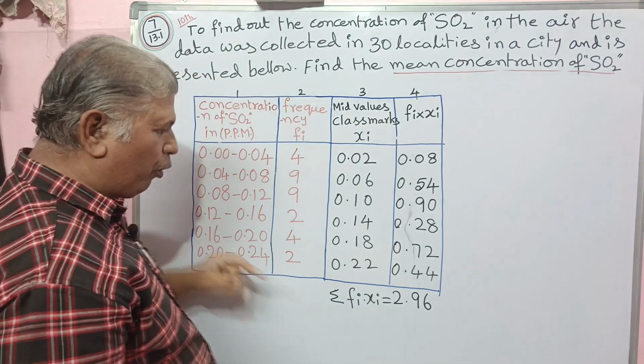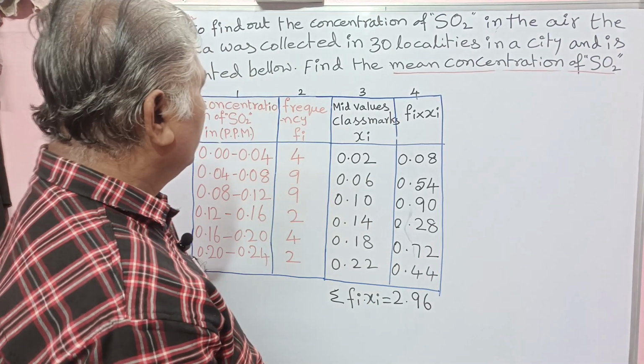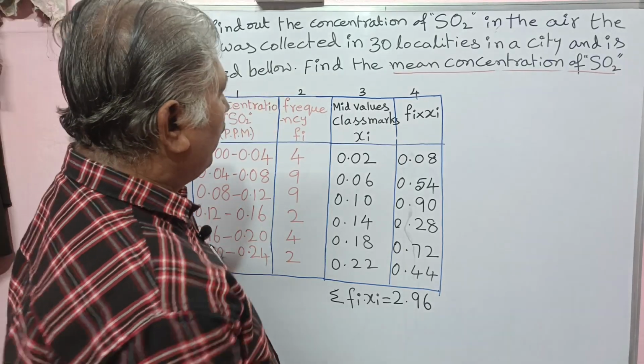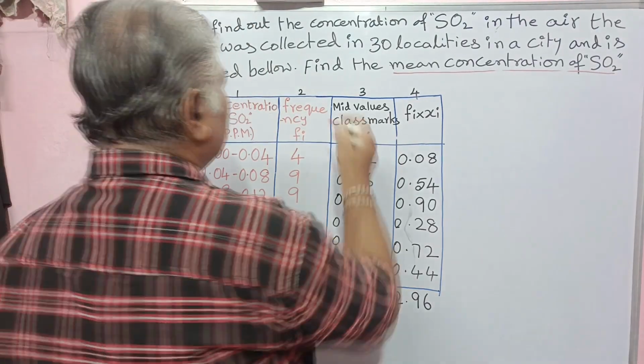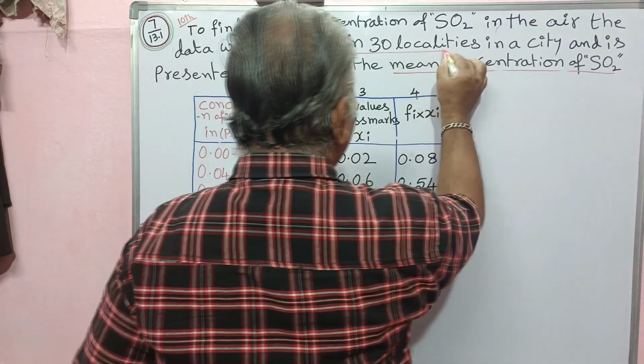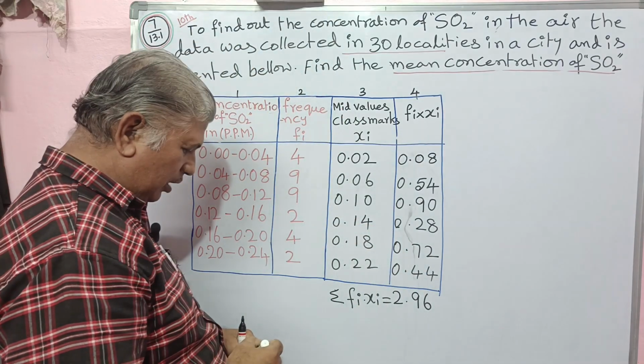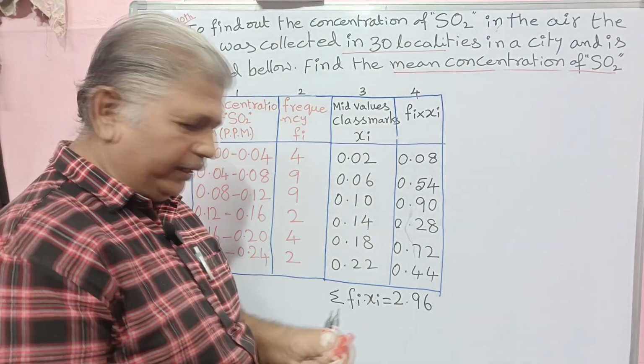Sigma fi xi is equal to 2.96. In this problem, already he has given that there are 30 localities.